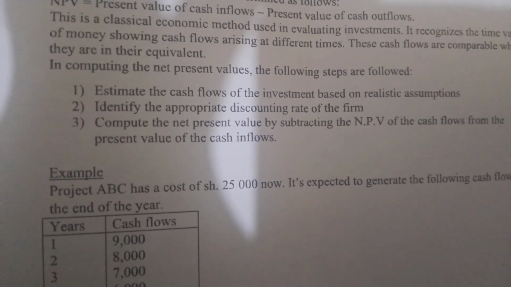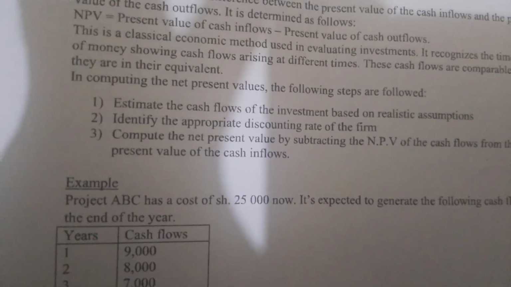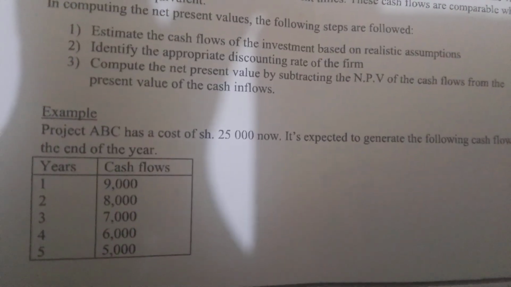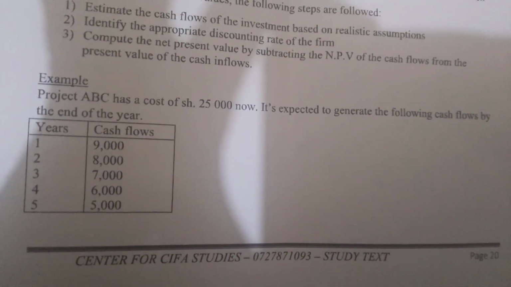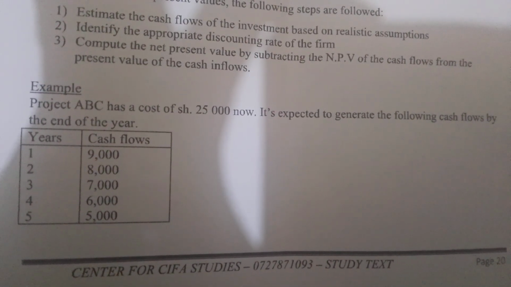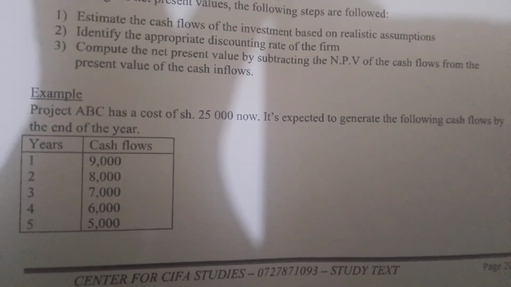Now, the other thing that we are supposed to know is how to calculate the present value interest factor. With the present value interest factor, because we're dealing with the time value of money, we usually take 1 plus r raised to negative n.